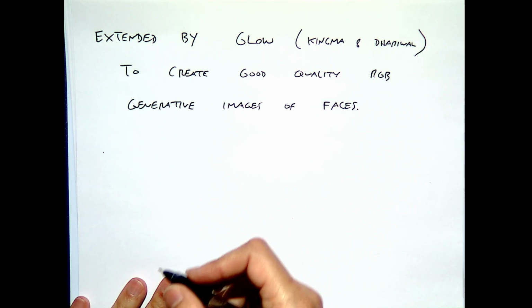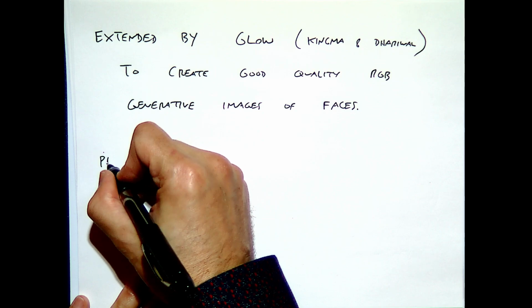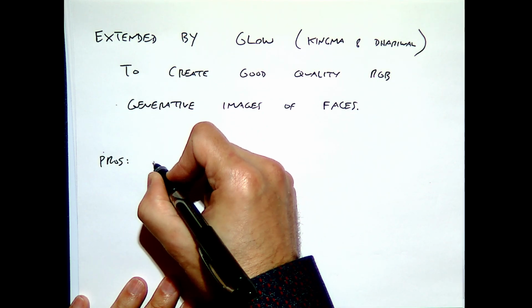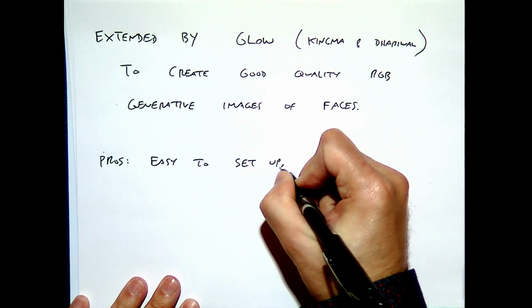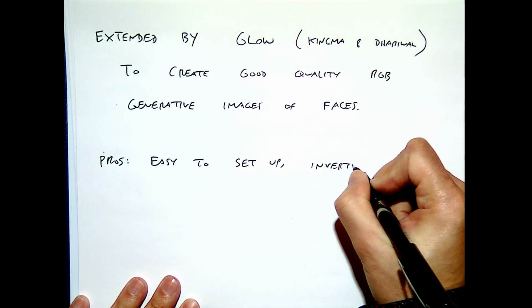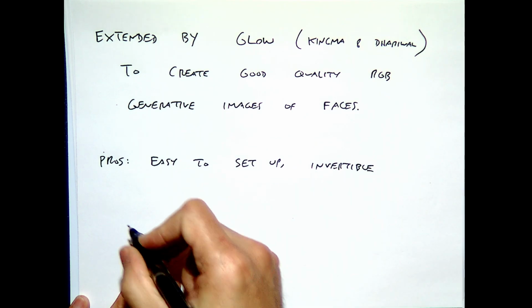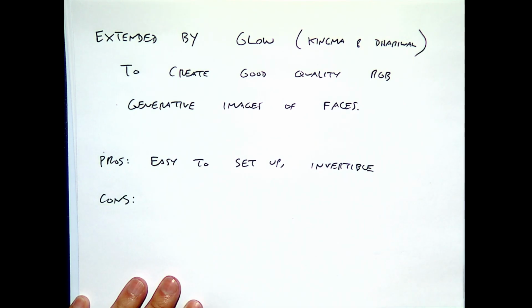So the pros are that everything is easy to set up. Everything is invertible. The computational cost is generally low. On the other hand, this doesn't really lend itself to the cool stuff that we were doing with GANs and VAEs, for example, where I can explore directions of the latent space that correspond to different attributes and so on.